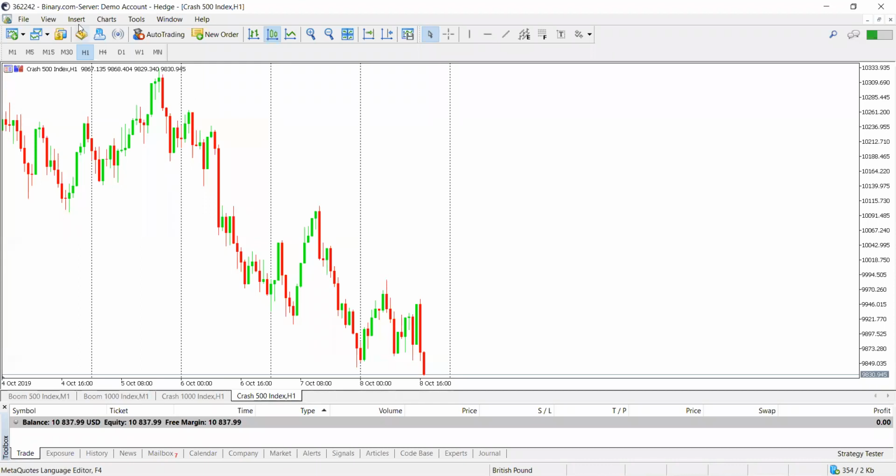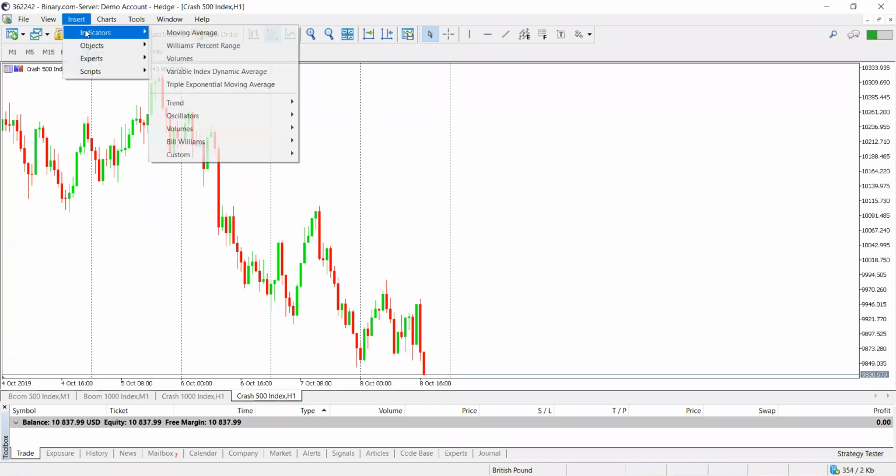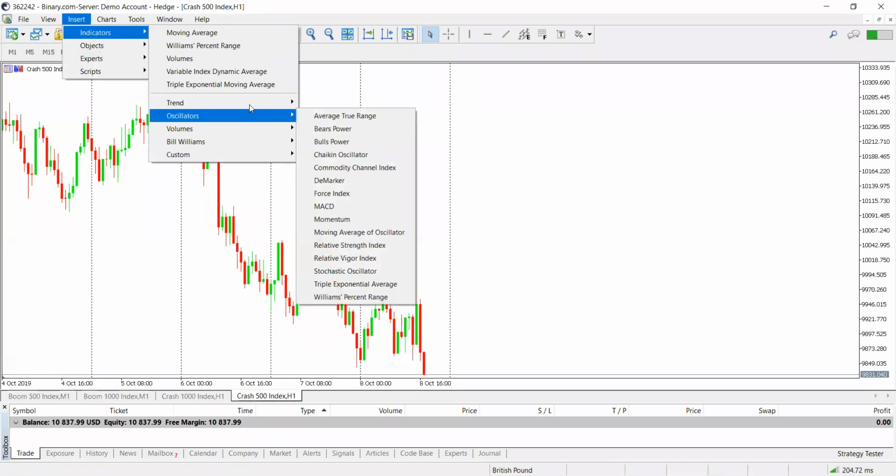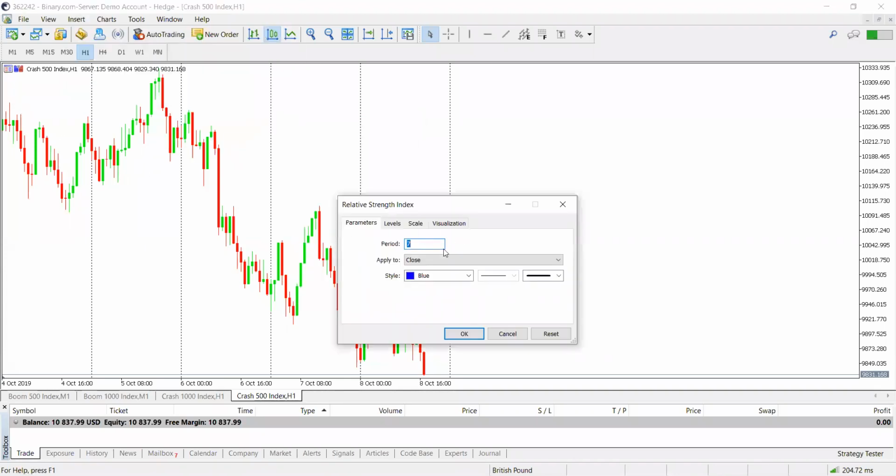Let's quickly insert our indicator, the oscillator, RSI. I've got it on 7 here. You can use 7, you can use 6. 14 is the normal one, but for what I want to do today, this one is more effective.